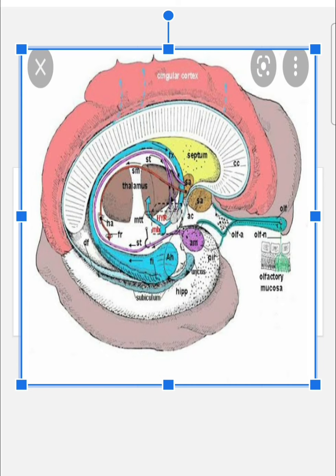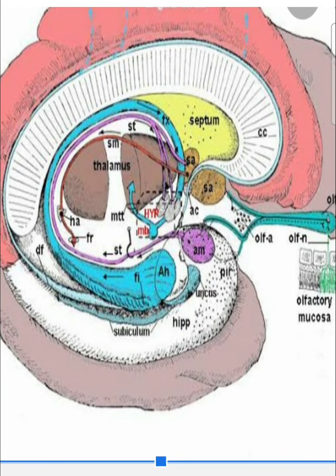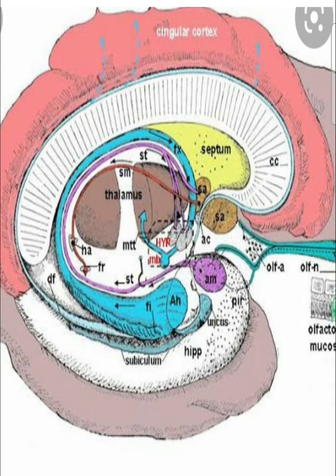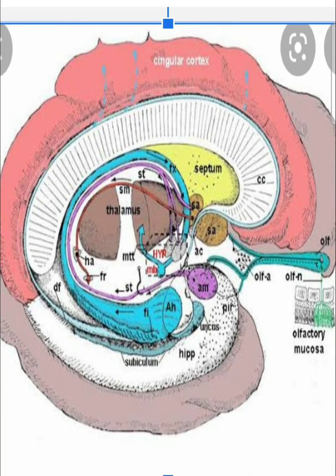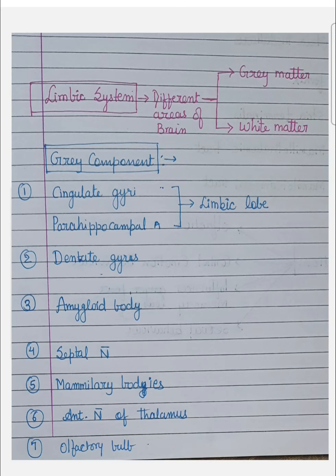Below the corpus callosum there is another group of fibers, shown in blue, known as the fornix, and between the fornix and the corpus callosum there is the yellow area known as the septal area, and the nucleus present here is known as the septal nucleus. So it also comes under the gray component of the limbic system.